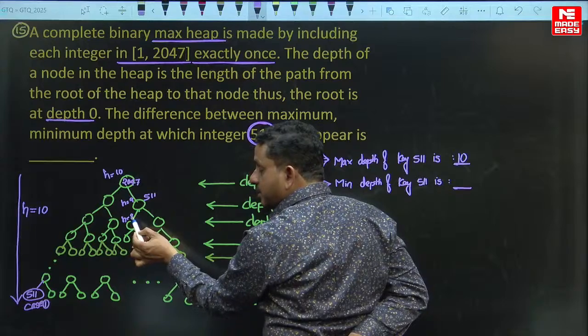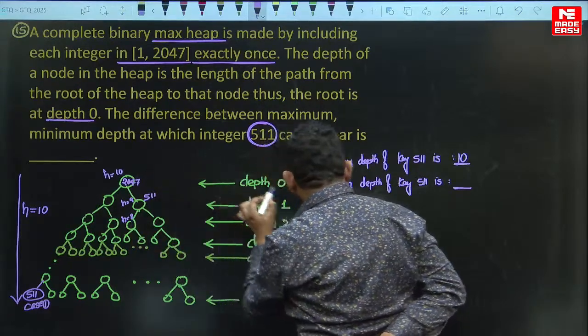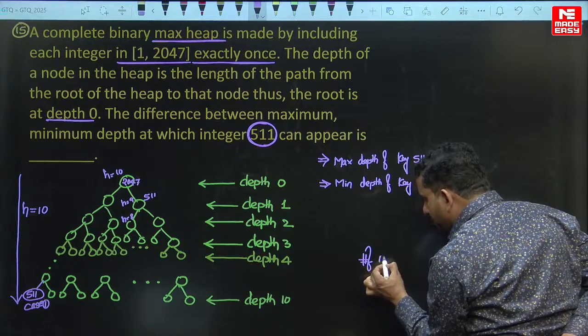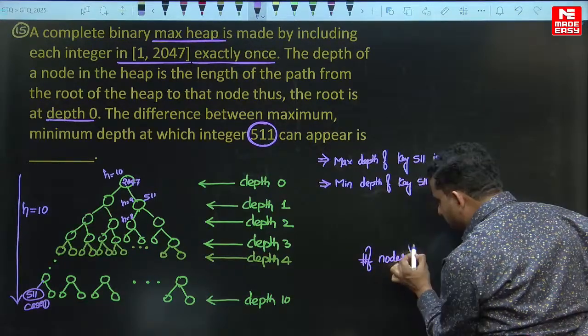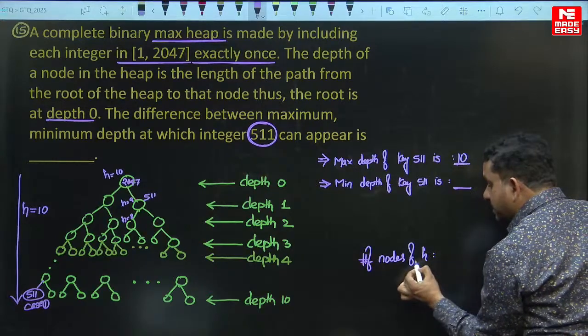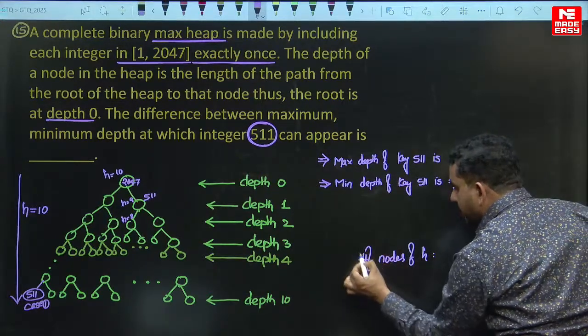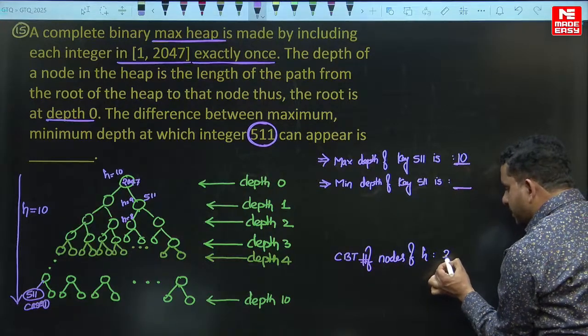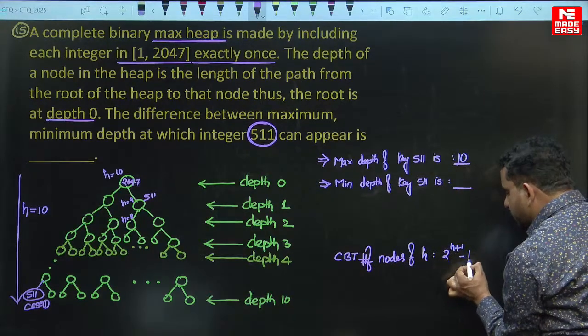The number of nodes in a complete binary tree of height h is 2^(h+1) minus 1.